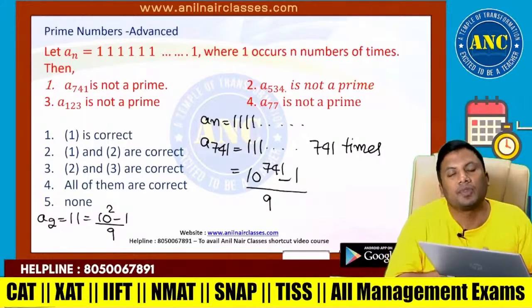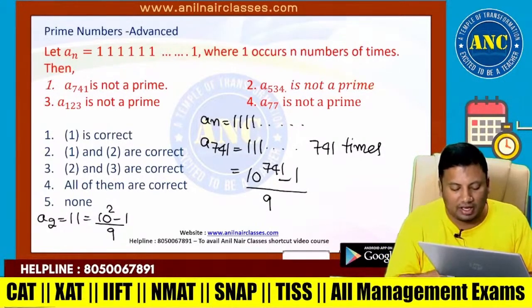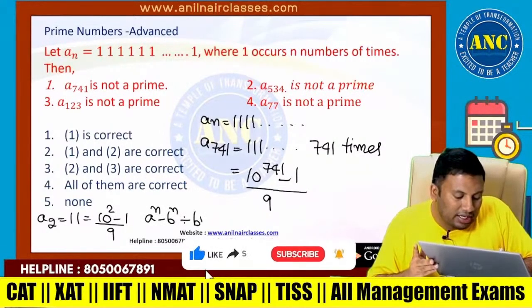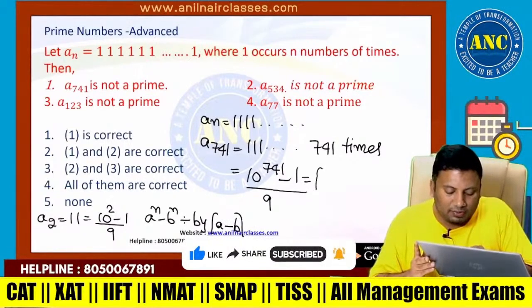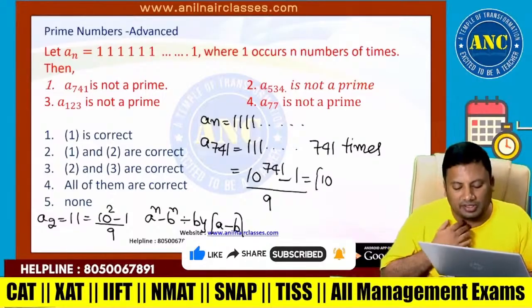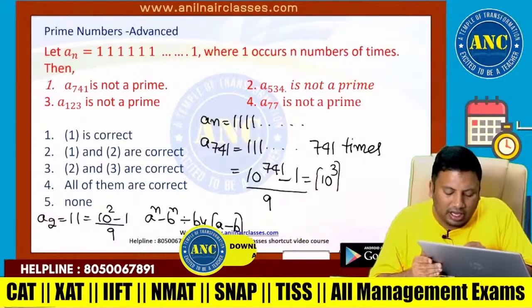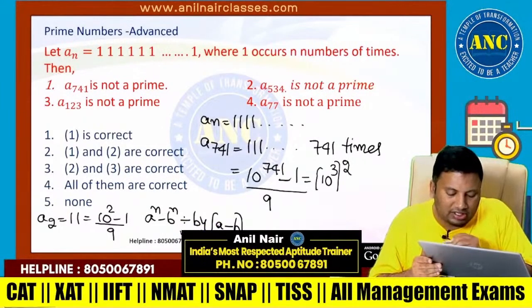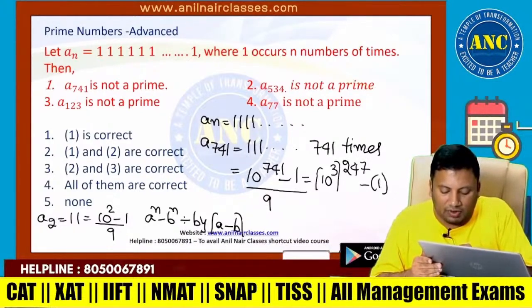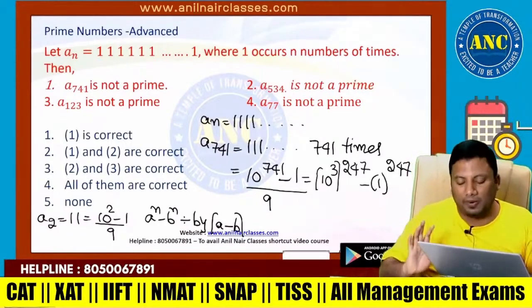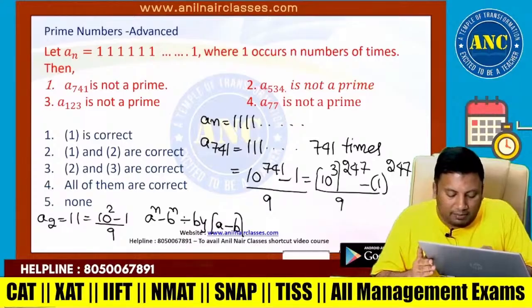Are you all with me? 10 power 741 minus 1. What did we discuss? a power n minus b power n is always divisible by a minus b. Just to explain the concept, 10 cube power 3 twos are 6, 14, 3 fours are 12, 741 is 3 times 247, so (10 cube) power 247 minus 1 power 247, divided by 9.